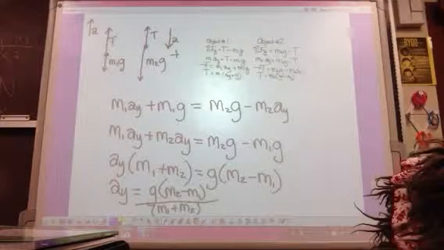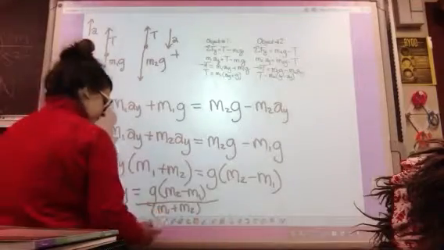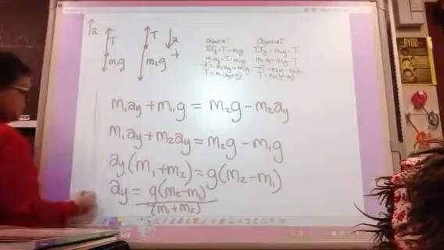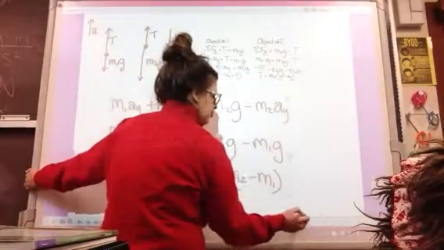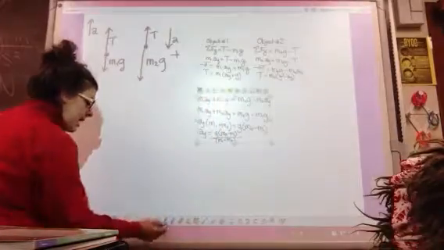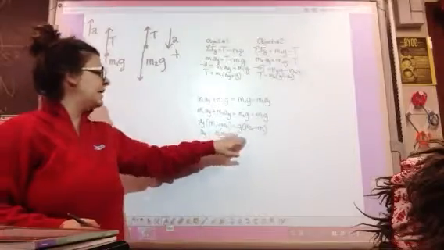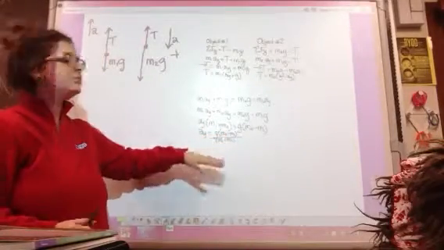But they also want me to show that I could find the tension. So I know acceleration, we just found that. g times m2 minus m1 over m1 plus m2.